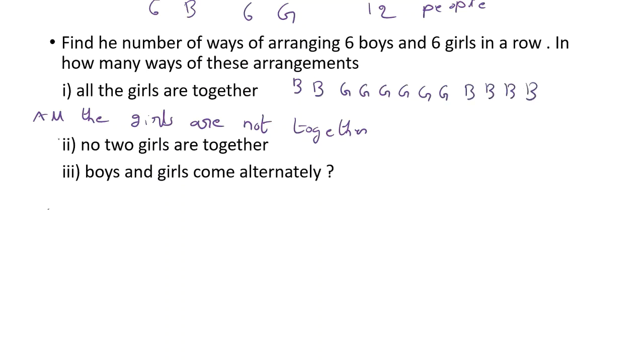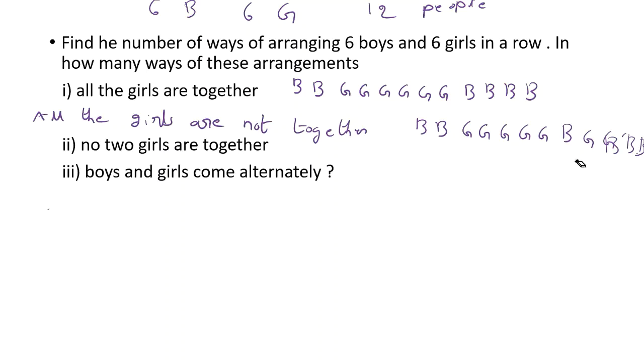Now, all the girls are not together. We can have one example where all the girls are not together. Boy, boy, 1, 2, 3, 4, 5, 3 boys and then, now this is an arrangement in which all the girls are not together, because 5 girls are together and 1 girl is not together.